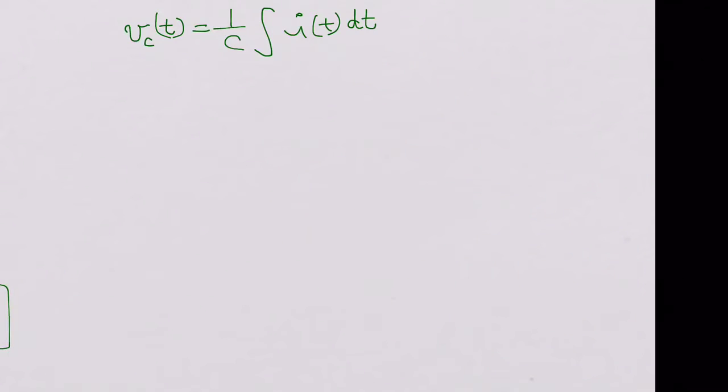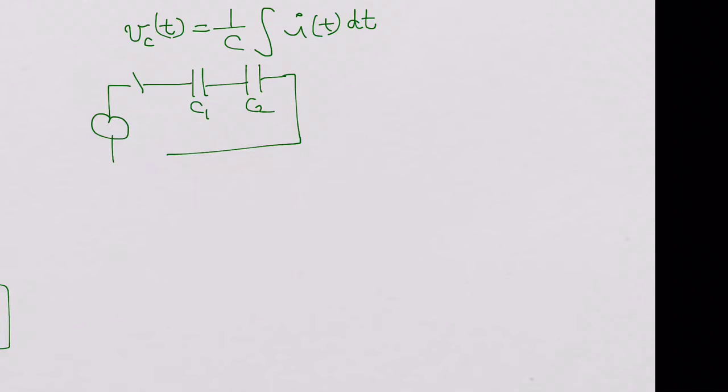So now what we can do is, since the capacitors are in series, you have the two capacitors C1, C2, and the same current I flows through both of them. So this is the voltage V. So this is the total current I going in there.